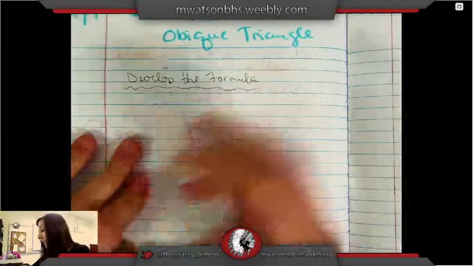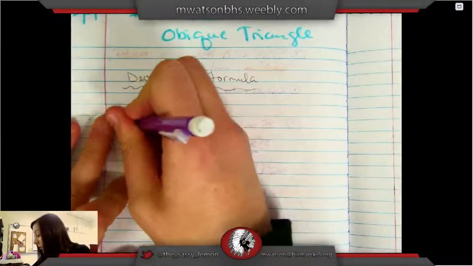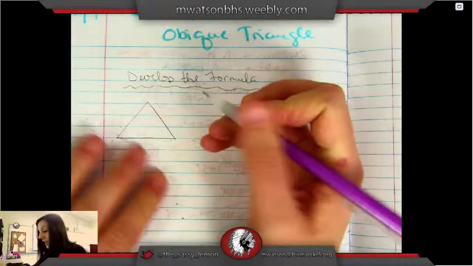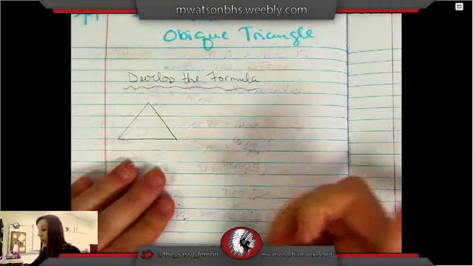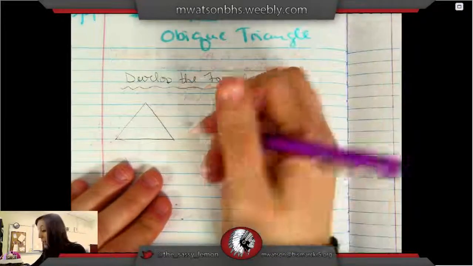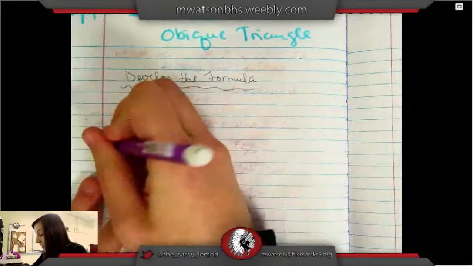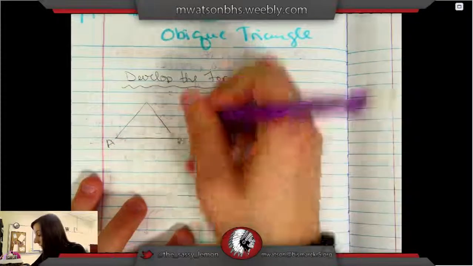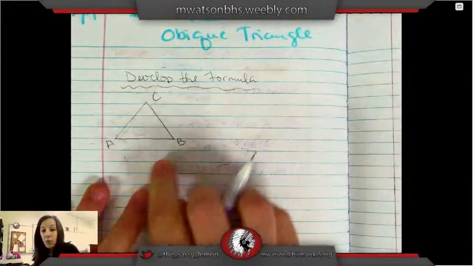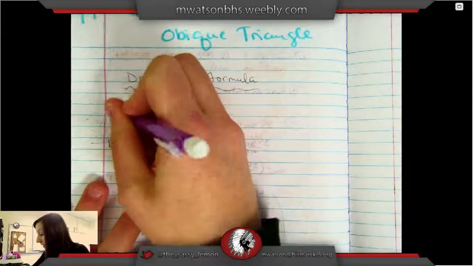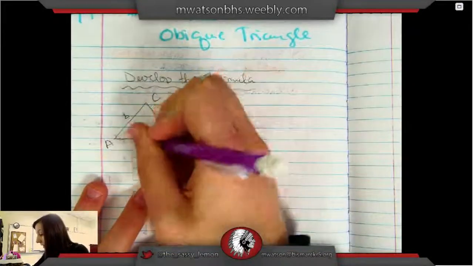A lot of times mathematicians will use something in general so they can create a formula that can be used for all cases. So let's label the vertices of this triangle A, B, and C, and then we're going to label the corresponding sides with lowercase letters. So we've got b there, a here, and c down below.